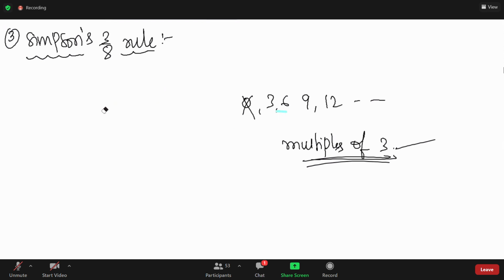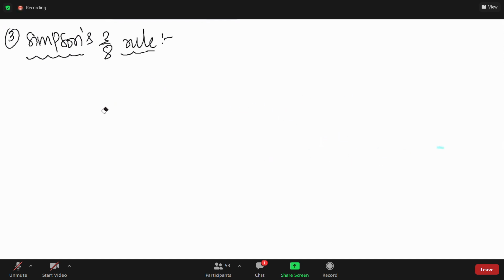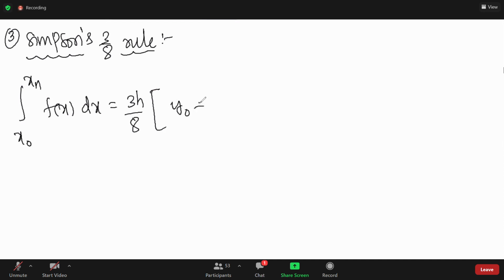So Simpson's 3/8 rule is equal to integration from x0 to xn f of x dx is equal to 3h by 8 into same y0 plus yn plus 3 times of y1 plus y2.